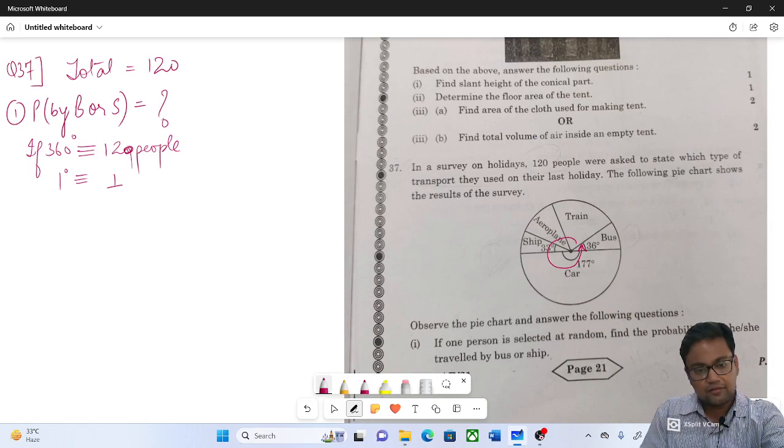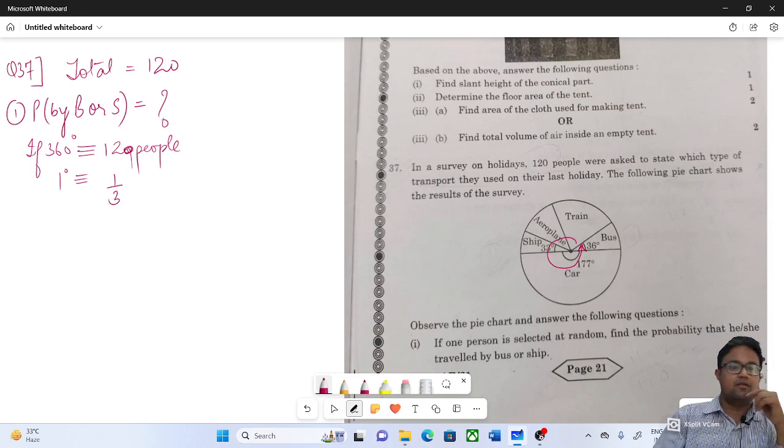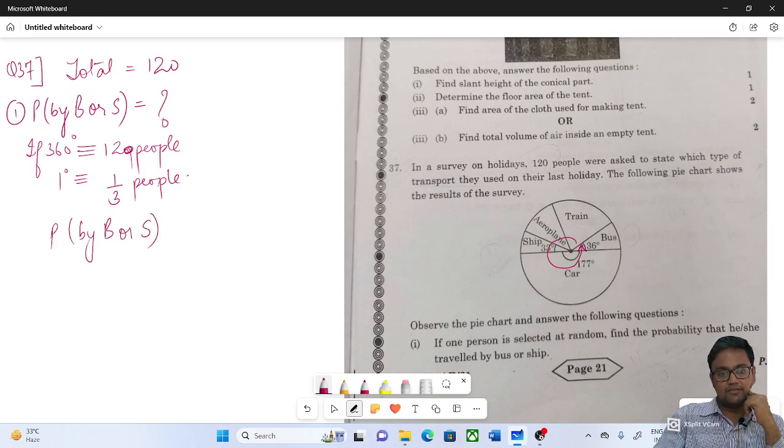1/3, right? 1/3 people. So 1 degree represents 1/3 people. That means probability of the people, those who are inclined for taking a ride of a bus or a ship as the mode of transportation.